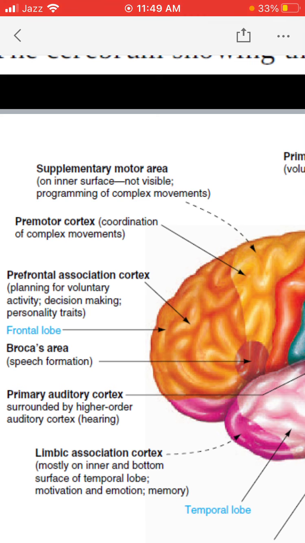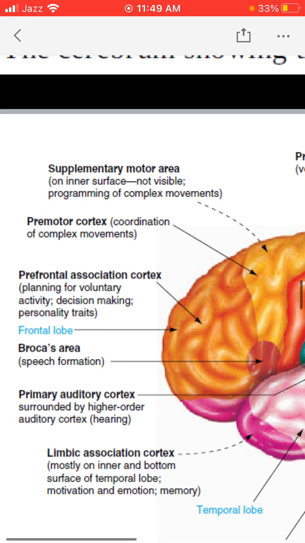So complex movement is the function of premotor cortex. And for example, writing is a complex function, complex motor activity. So writing is controlled by the premotor cortex.